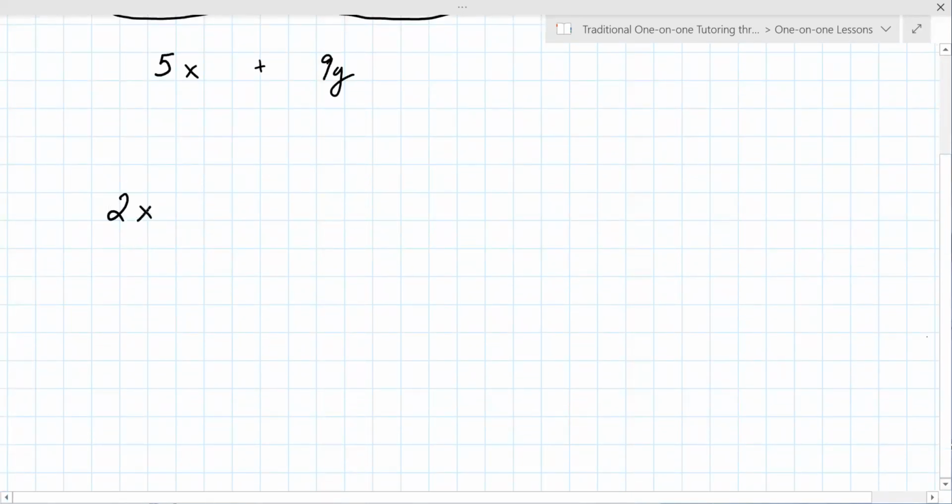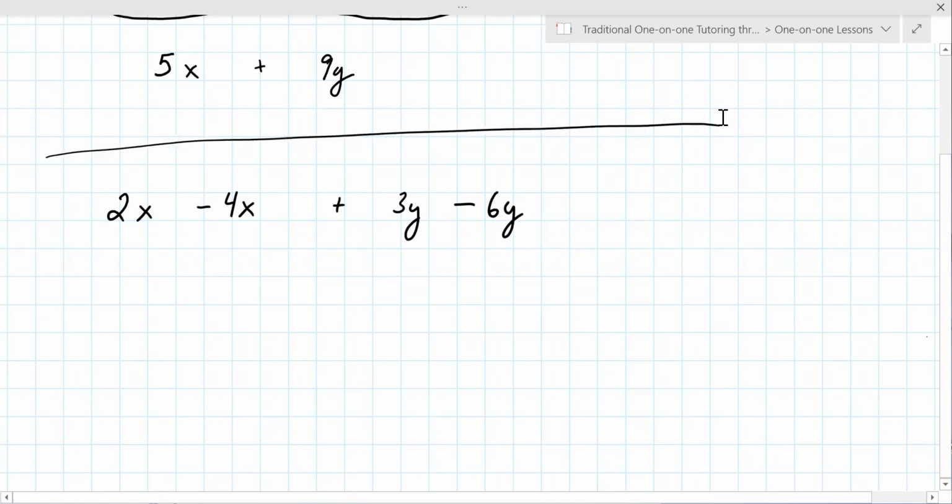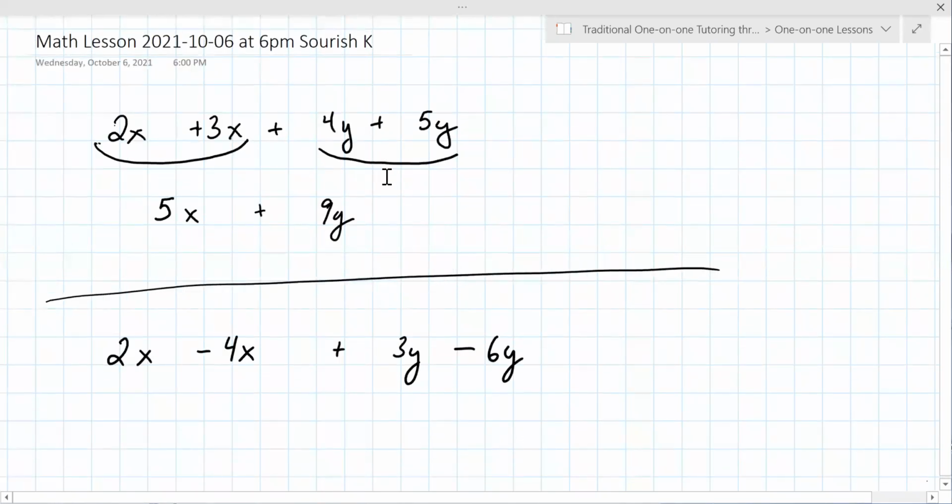Let's try another one. You have 2x minus 4x plus 3y minus 6y. Oh wait, 5x plus 9y is the answer. Yes. I'll talk about that if that's unclear, but I was hoping to move on to another example. Because here's the truth: you cannot combine these.